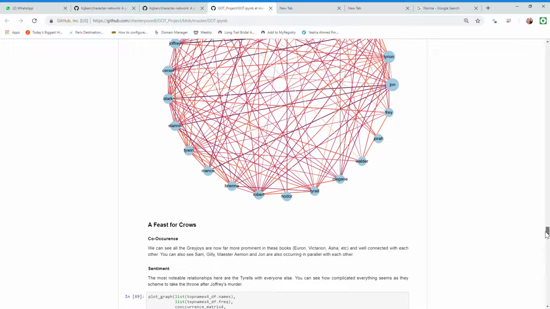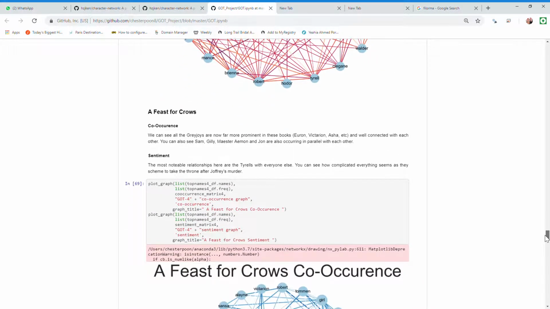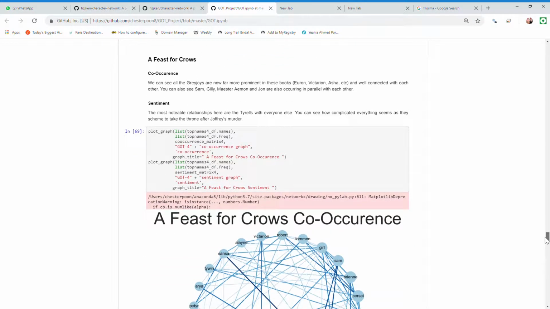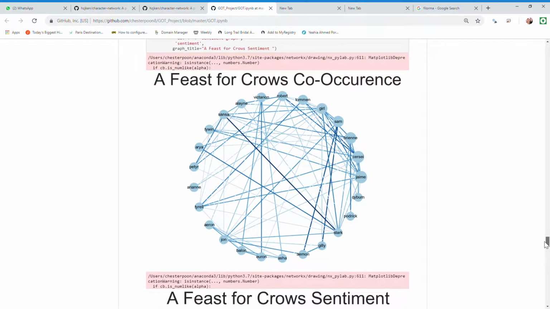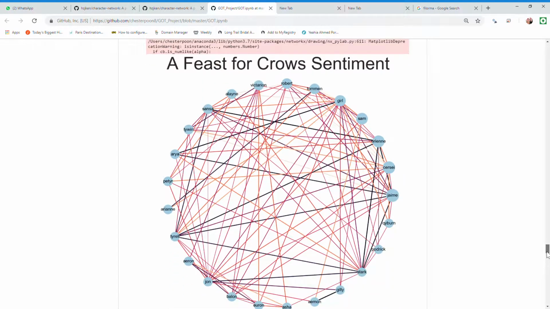So from here we move on. We can see that the Greyjoys kind of take over in this book. You can see Sansa has a lot of mentions in this book, as does Stark, and Arya to Stark. But I think you get the point.